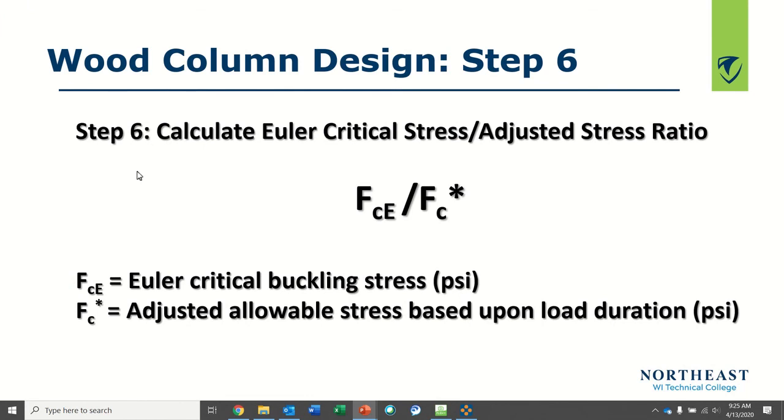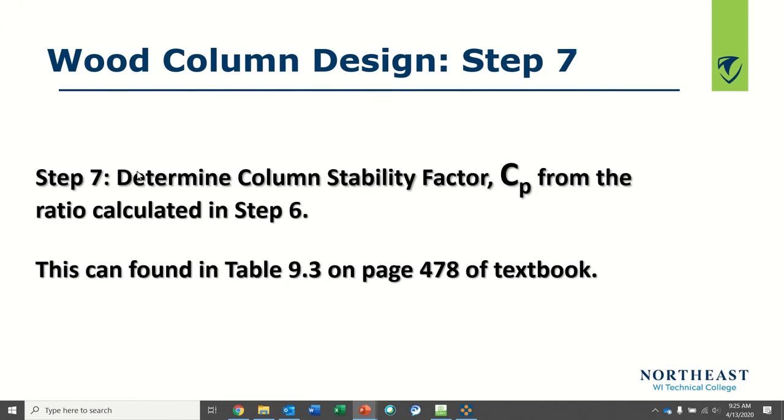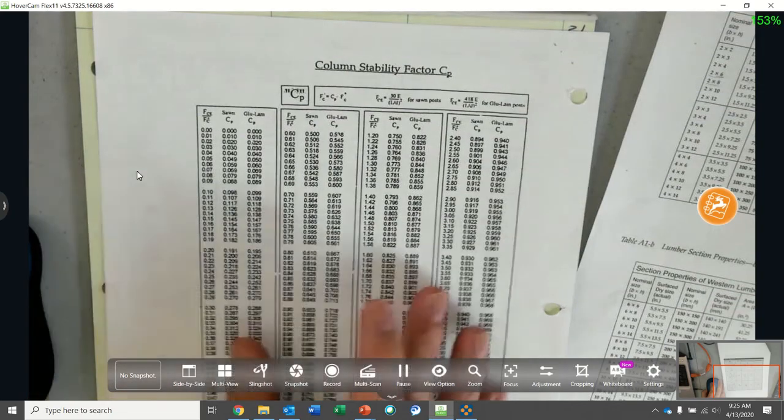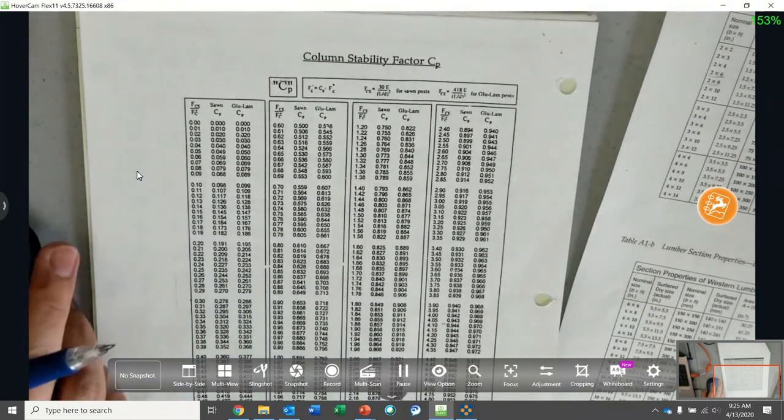Step 7, determine stability factor CP from the table in the book. Let me find my piece of paper here. I have it here somewhere. Here we go. I'm going to zoom in here.